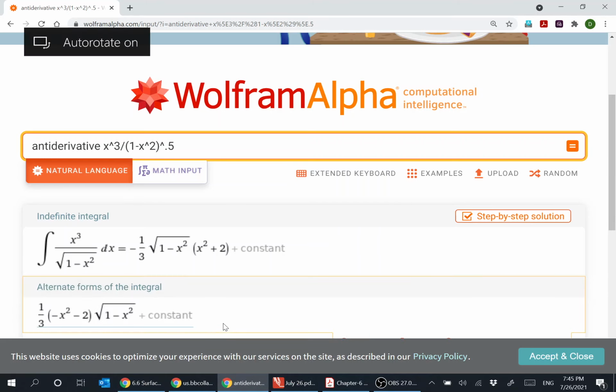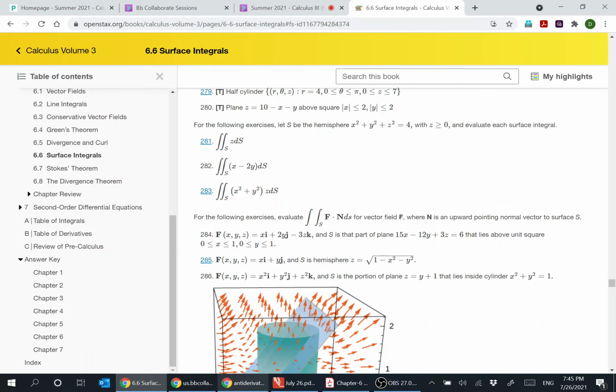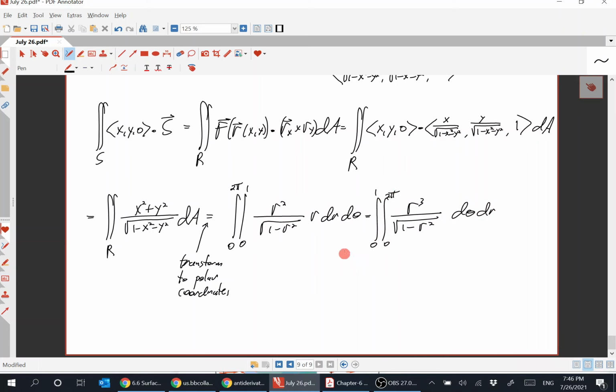So let me do the theta first, actually. I lost my theta, didn't I? So let's do d theta dr, 0 to 2 pi, integral from 0 to 1.